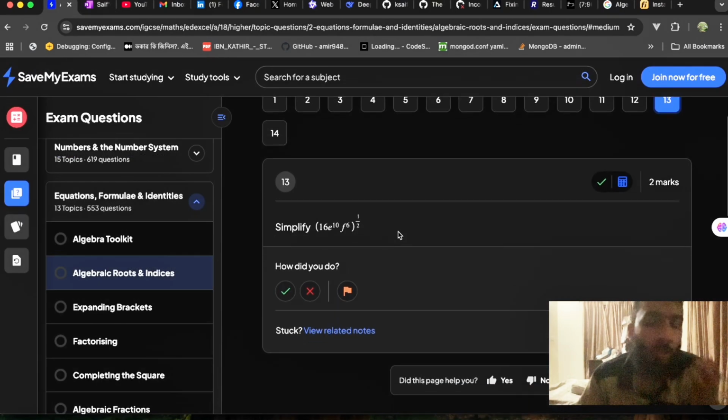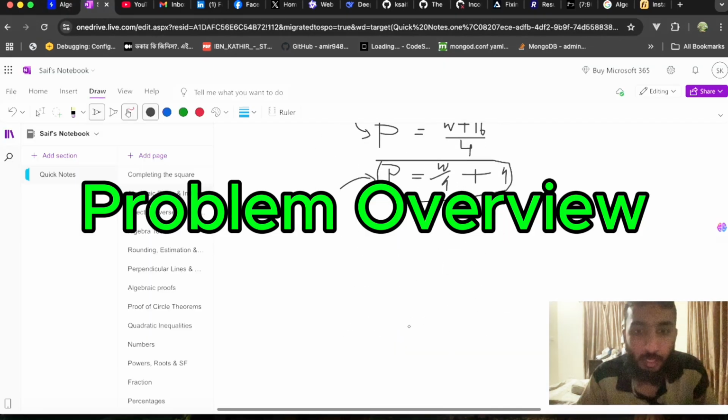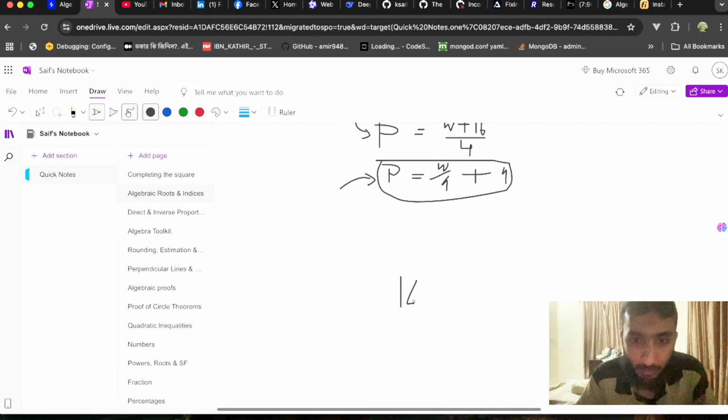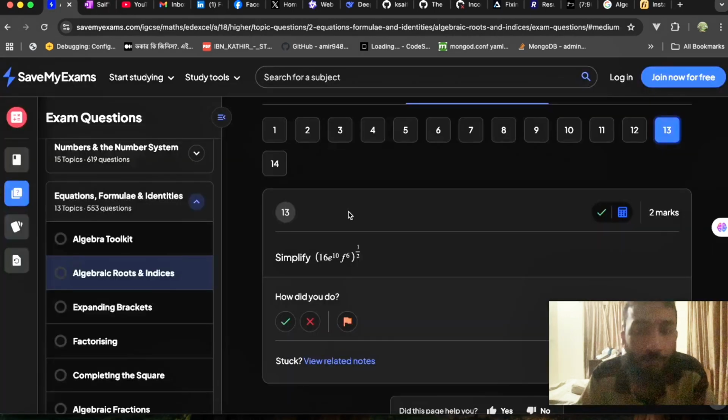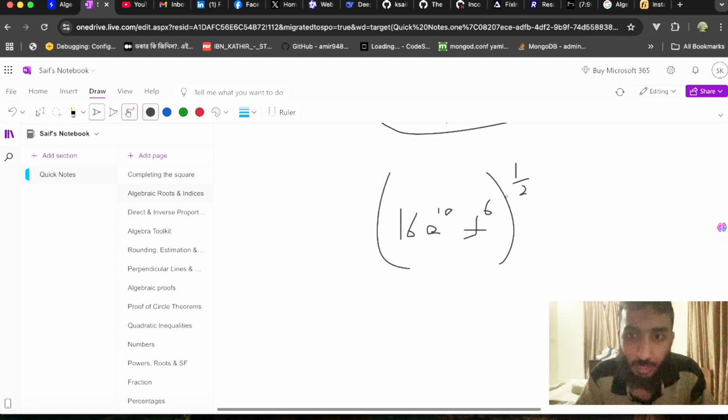If I now focus on problem number 13, you have to simplify this expression, 16 e to the power 10 f to the power 6 whole to the power half. So if I write this expression, 16 e to the power 10 f to the power 6 and whole to the power half. We know that we can multiply the powers.